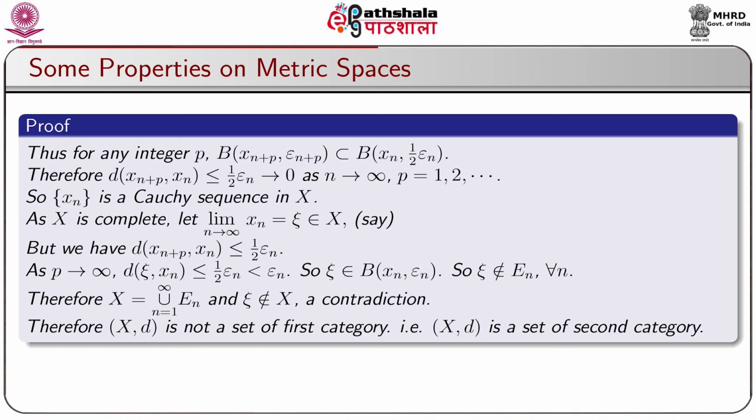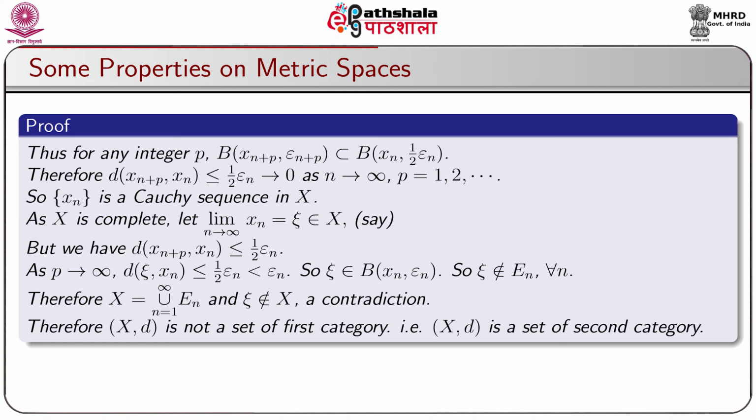As p tends to infinity, xn plus p goes to j, and so d(j, xn) is less than or equal to half epsilon n, which is strictly less than epsilon n. So j belongs to the open ball B(xn, epsilon n). That means j does not belong to En for all n.